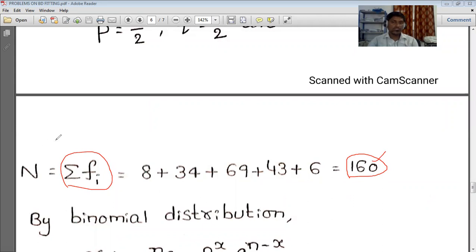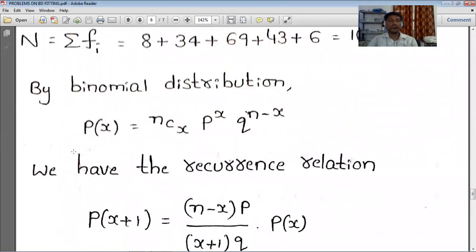So capital N we know, small n we know, P we know, and Q we know. Okay, so then we are going to calculate the expected frequencies. P of x, by the binomial distribution, we can write P of x is equal to nCx p power x q power n minus x.